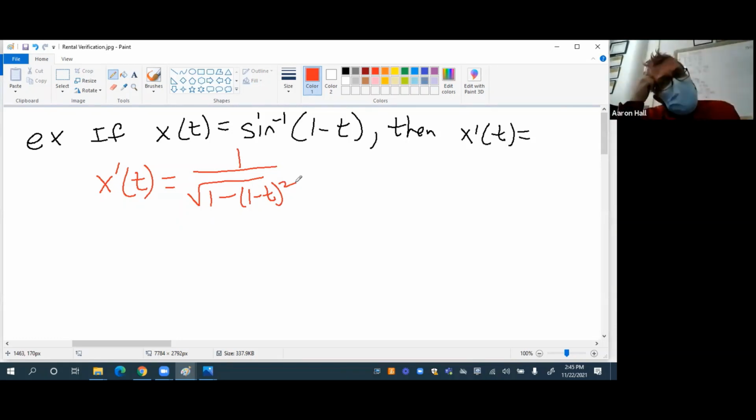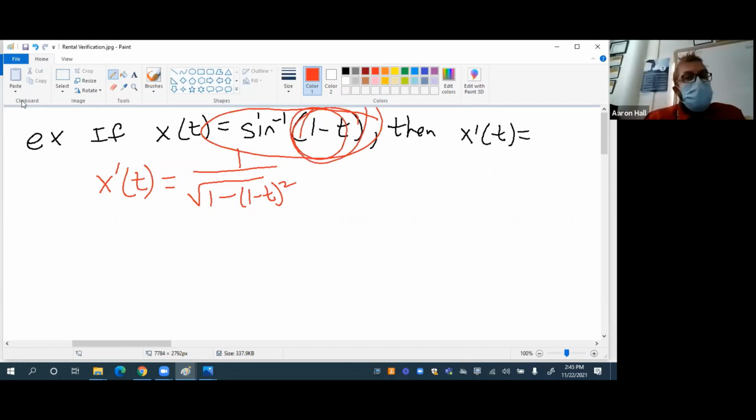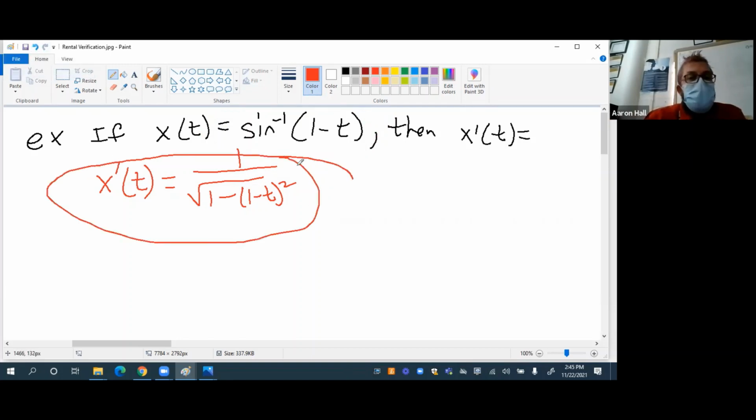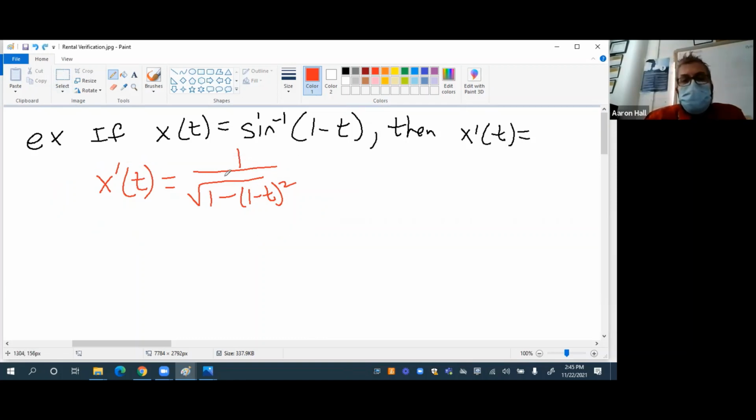Doesn't this look suspiciously like the chain rule to me? Don't we have a function inside of another function? So what you just did, Miguel, is you just took the derivative of the outside function. To solve using the chain rule, what's the next step?